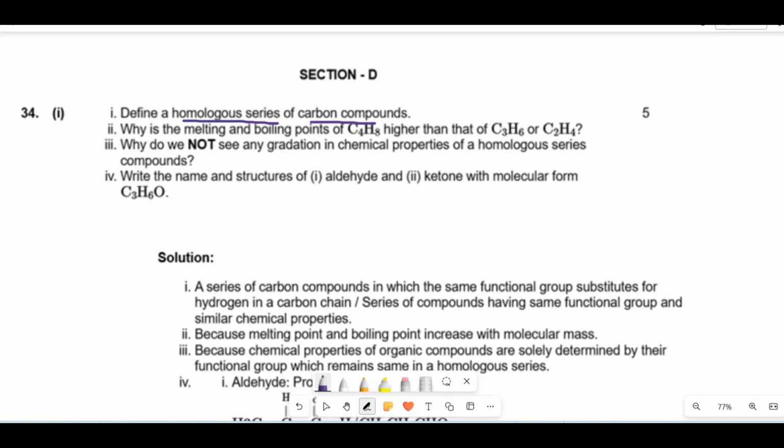Homologous series means a series of carbon compounds which have the same functional group. They have similar chemical properties, and physical properties will be different.